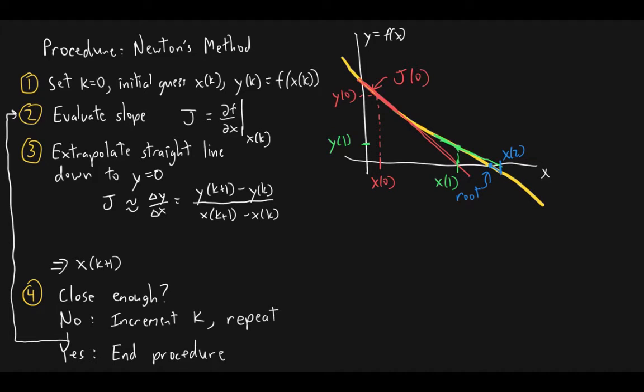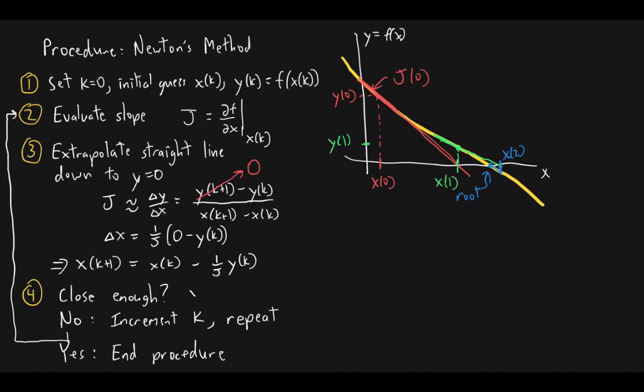Now, since we extrapolated the line down to the horizontal axis, y of k plus 1 should be 0. And that allows us to solve for delta x. It's just 1 over j times 0 minus y of k. And therefore, x of k plus 1 is just x of k minus 1 over j times y of k.